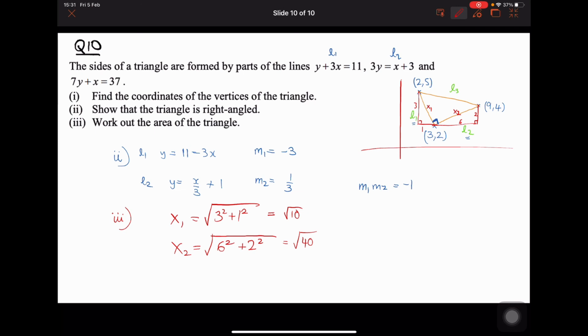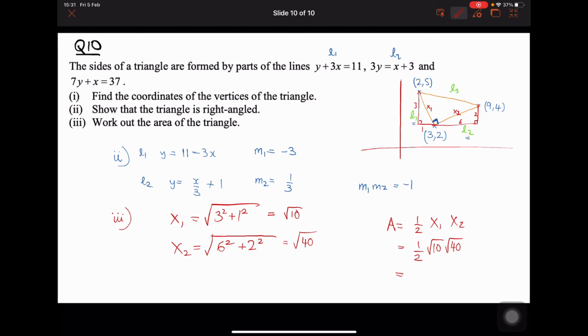So the area of the orange triangle is half multiplied by the height multiplied by the base. So half root 40 root 10 root 40.